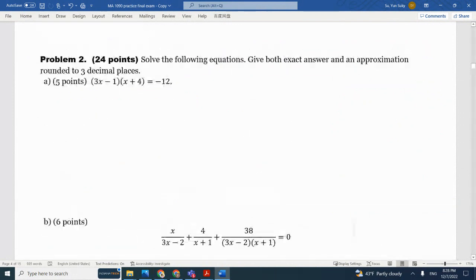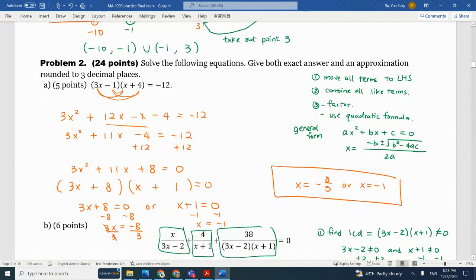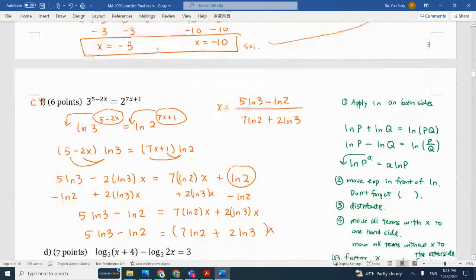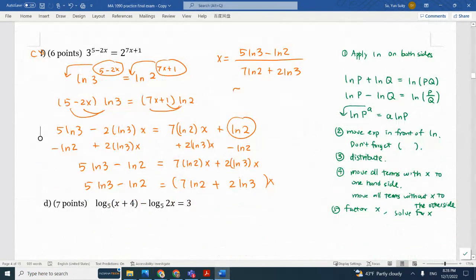And then, did the problem ask you to find 3 decimal places? Yes. Well then, you gotta put this in your calculator. So I plug into my calculator, I got 0.681. So please make sure when you plug in your calculator, you get 0.681. Okay, so that's 1 point of this problem.